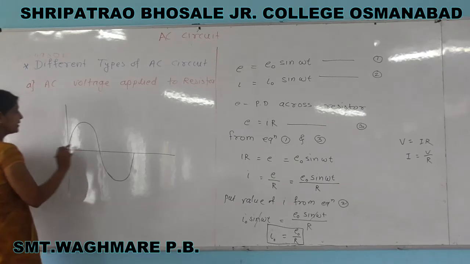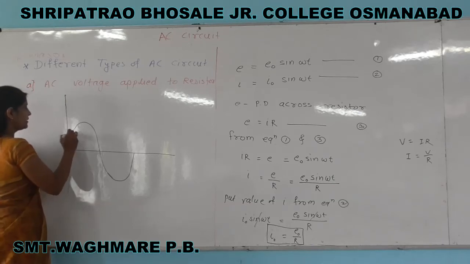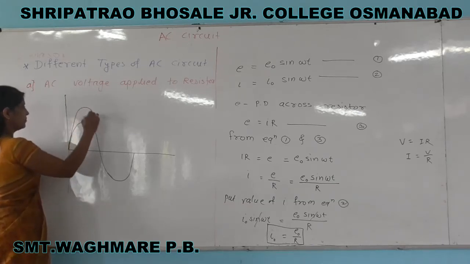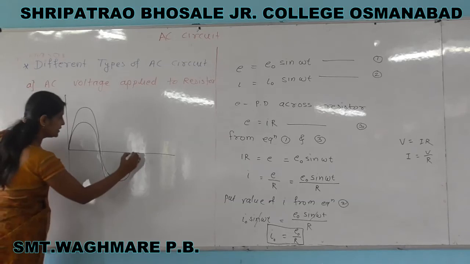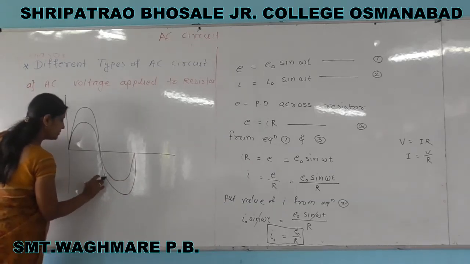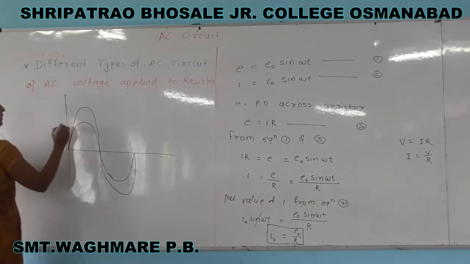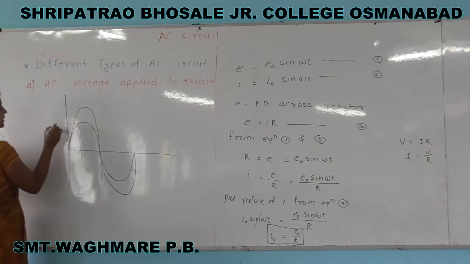We know that current is always less than the EMF, and if there is no phase difference between current and EMF, then we can say this is the peak value of current and this is the peak value of EMF.